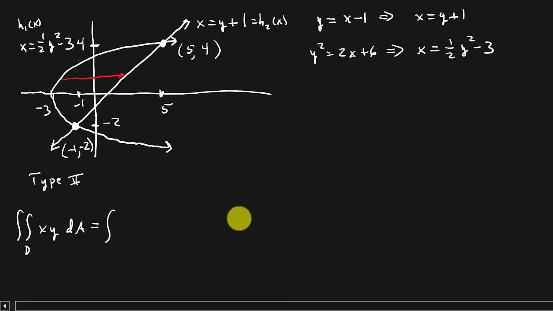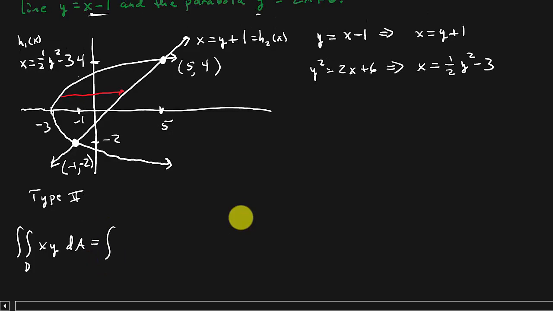My y values are -2 to 4, so -2 to 4, and then we're going from h, and I have no idea why I wrote h1 of x. That's h1 of y and h2 of y.